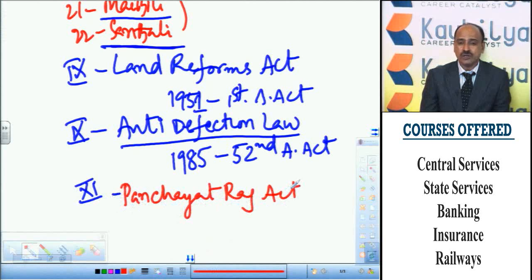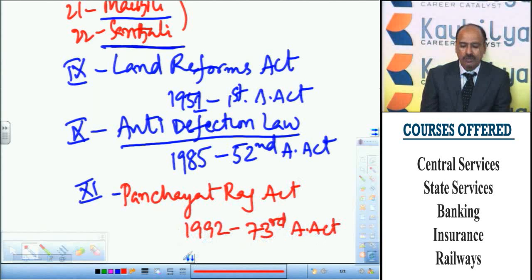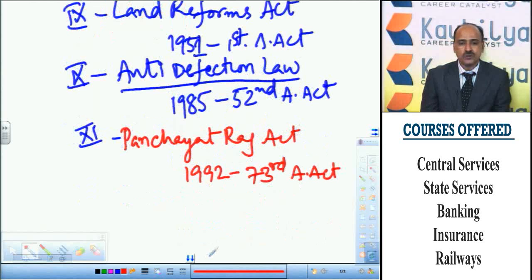At the time, it was only a statutory body in 1959, but after that, the Panchayat Raj system got constitutional status. In 1992, through the 73rd Amendment Act, the 11th Schedule was added to our Constitution and Panchayat Raj principles were also made. The Panchayat Raj system got constitutional status in 1992 through the 73rd Amendment Act.